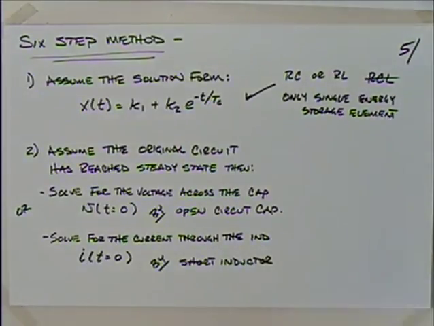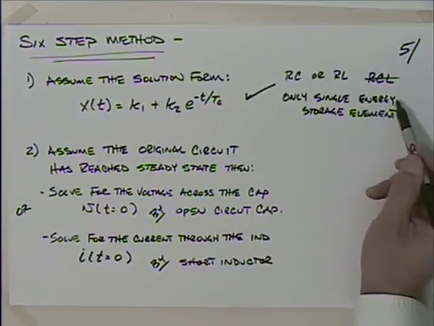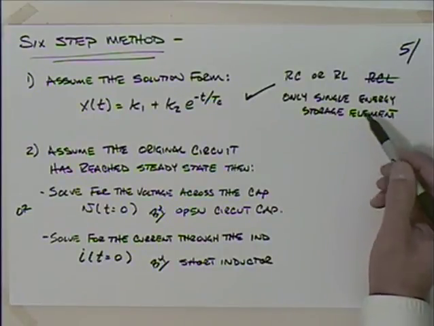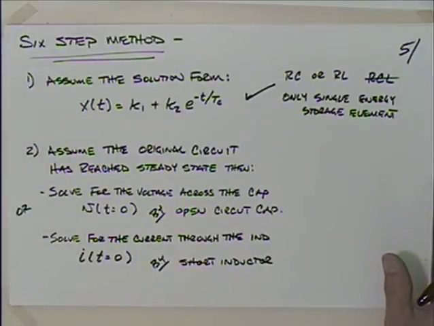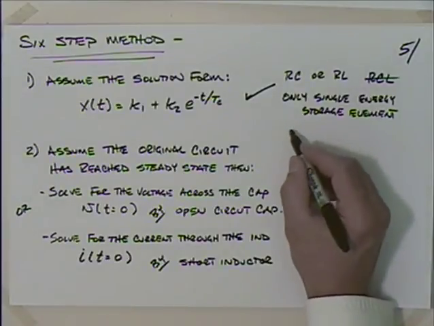Now, if you've got two capacitors side by side, technically you have two capacitors, but you could combine those two. So if you can combine them and come up with one energy storage element, you're good to go. But if you have a couple of capacitors that are separated by sources and whatnot, you can't necessarily combine those, or if you have a capacitor and inductor, all bets are off. You can't do it. And the source is DC.